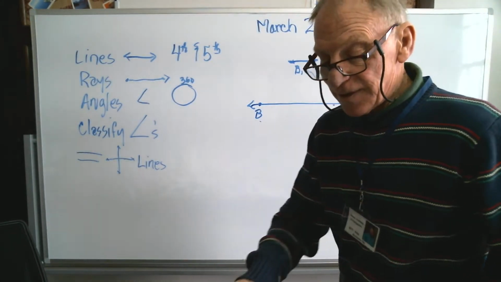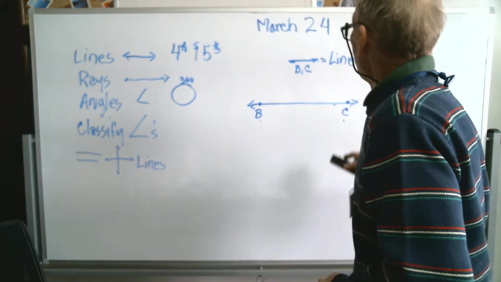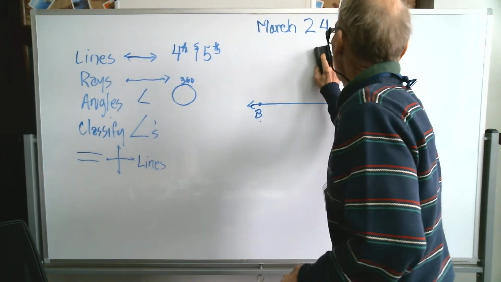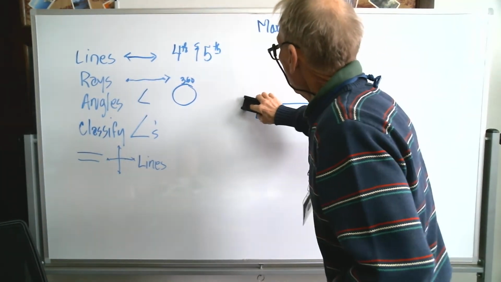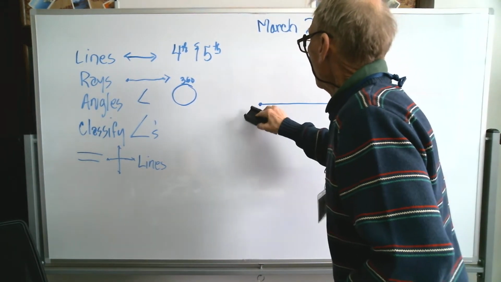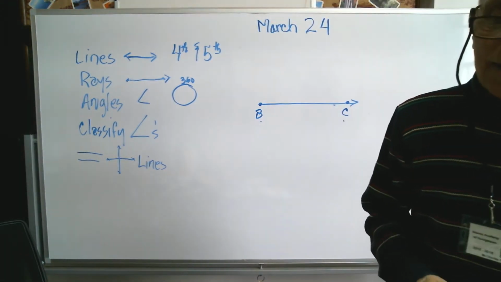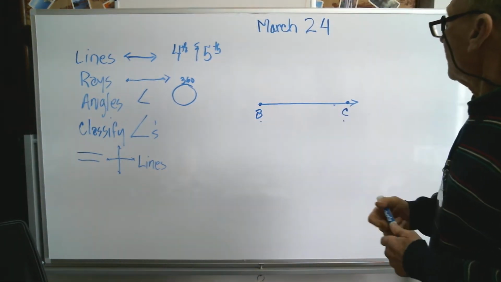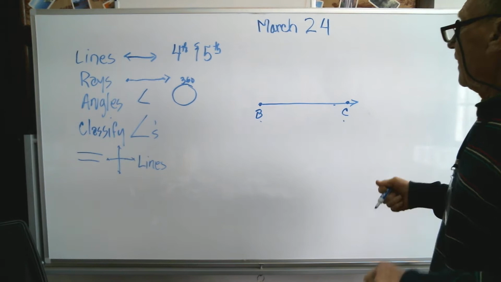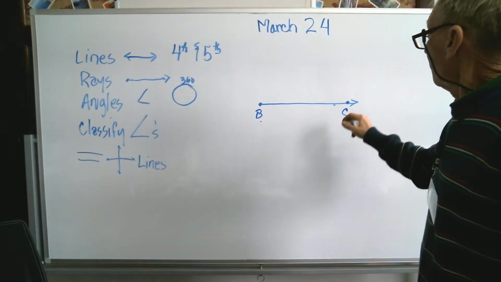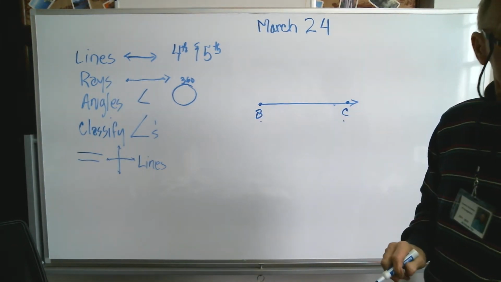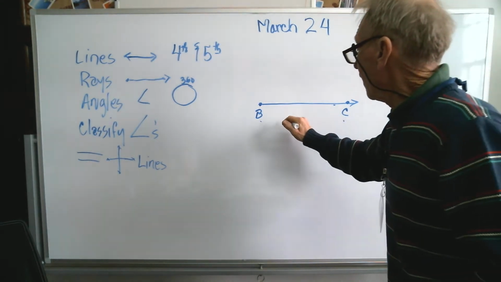Now, if we take that same example, I tell you, I just about knocked the whole whiteboard over. Now I've turned that into a ray. It starts at point B, and it goes to point C. This is a ray.